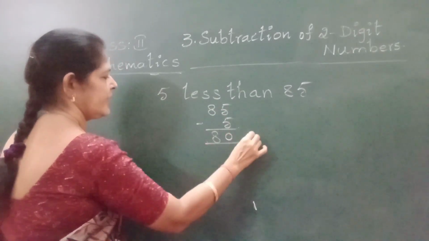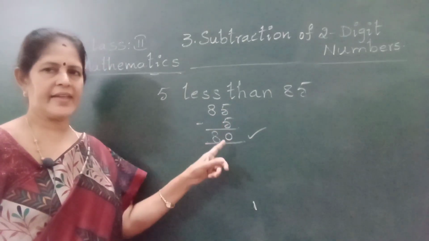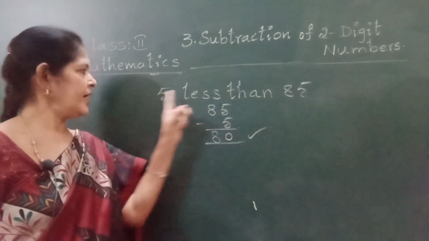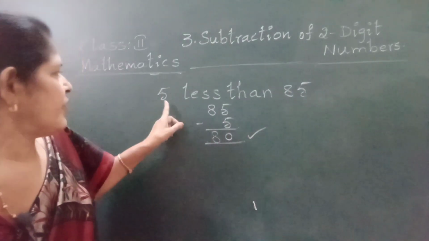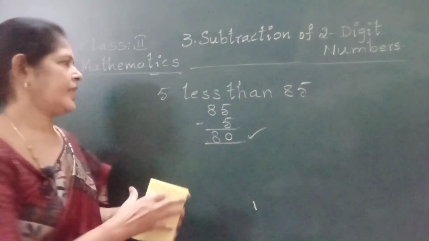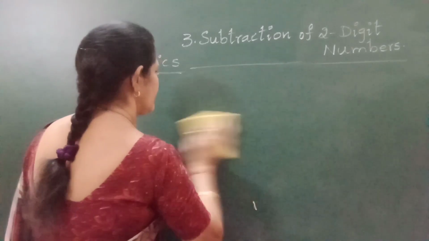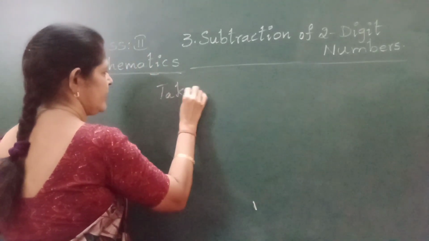Bring down 8. The difference is 80. Arrangement of numbers like this. This is the big number. This is the small number. In the same way, take away 5 from 85. That is also the same method. See that one also. Take away means subtraction.